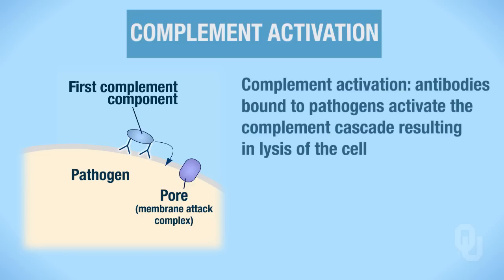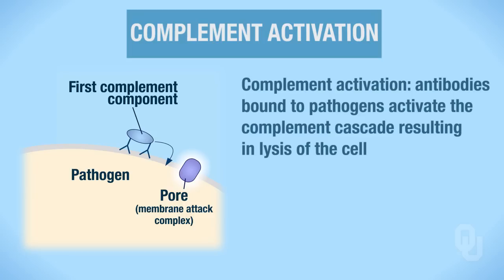And it's bound to the pathogen. Then the very first complement protein recognizes that, and when it recognizes it, it binds to the antibody. And then that triggers the complement system. And the end result of the complement activation system is that you develop this pore, which, if you remember, is called a membrane attack complex.